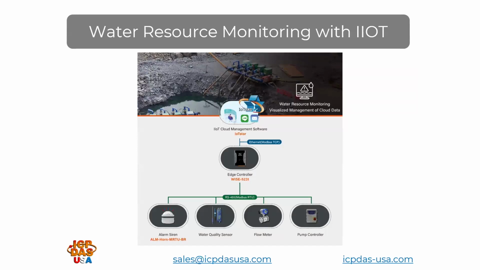The edge controller will pull data from the water quality sensor, flow meter, and pump controller via Modbus RTU, and will also connect our alarm siren module to sound audible alarms if the sensor level becomes too high or too low. The cloud data will be shared to other devices or controls for further monitoring.